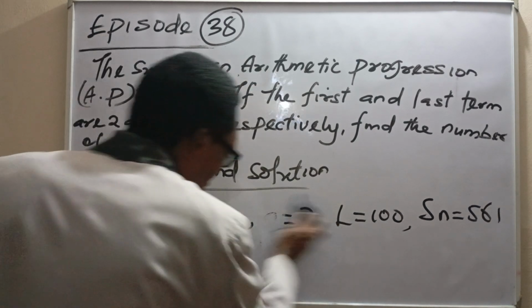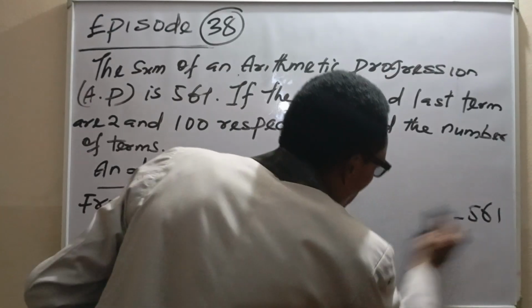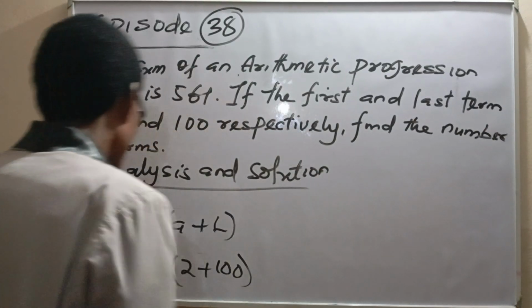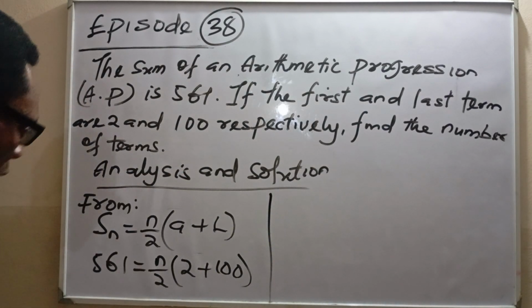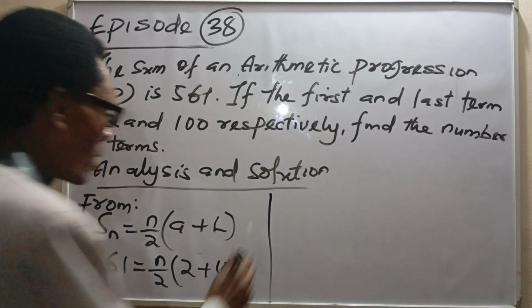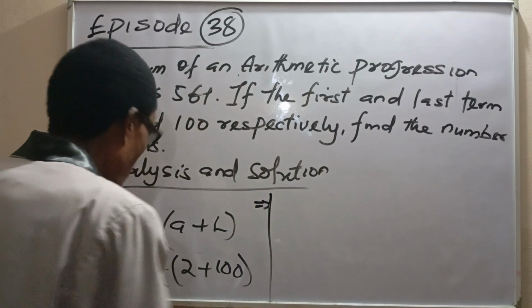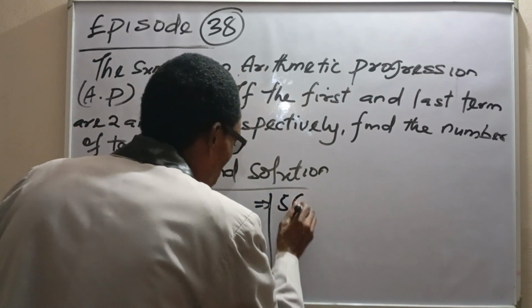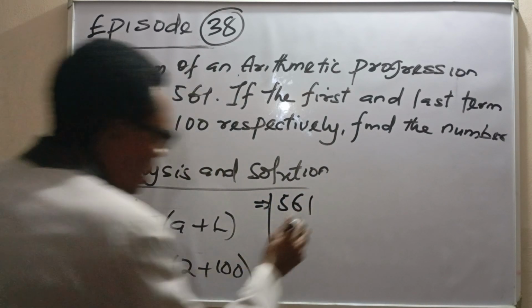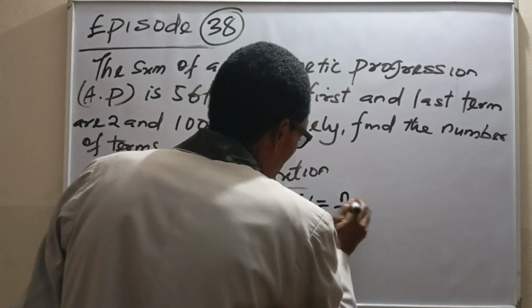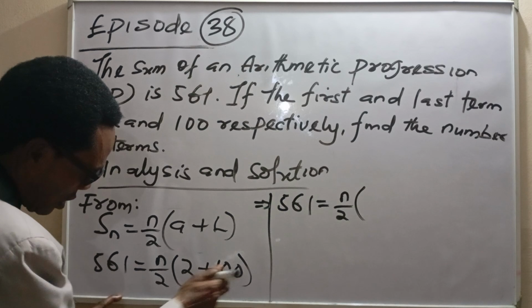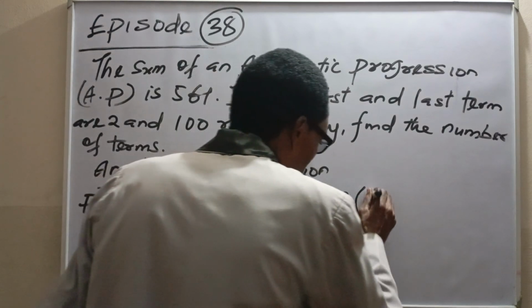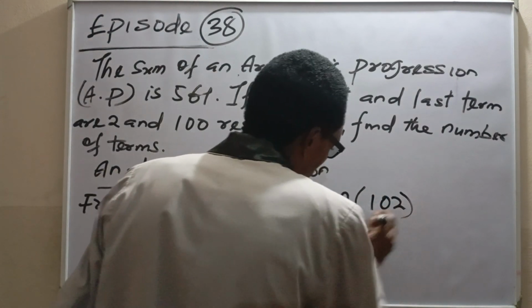So what do we do now? This implies 561, which is the sum, equals n over 2 open bracket, 2 plus 100, which gives us 102.